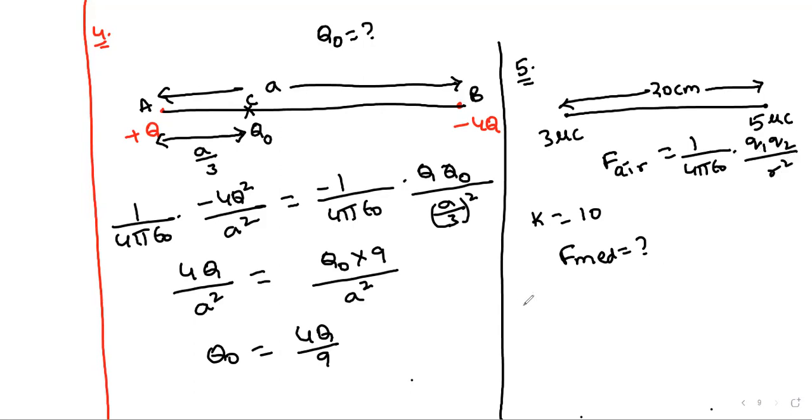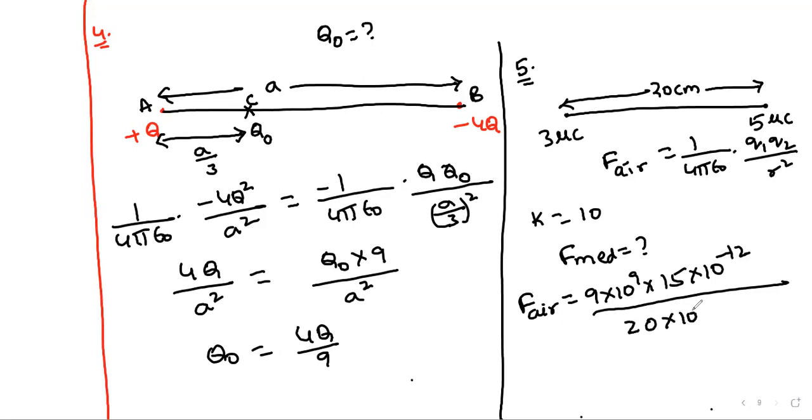F air equals 9 into 10 power 9, Q1 Q2 means 15 into 10 power minus 12, by the separation distance 20 centimeter, 20 into 10 to the power minus 2, converting into meters, whole square. So 9 into 15 is 135 into 10 to the power minus 3 by 400 into 10 power minus 2.